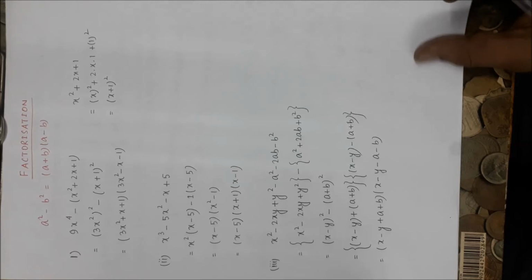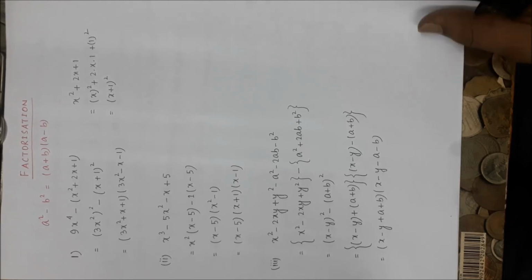Moving into the next problem, x square plus 1 by x square minus 11. First we are splitting this minus 11 into two parts, minus 2 minus 9. The reason is we want to express it as a difference of 2 squares.